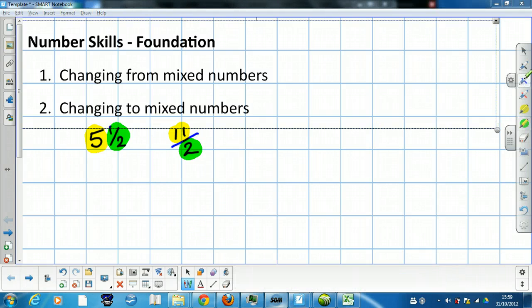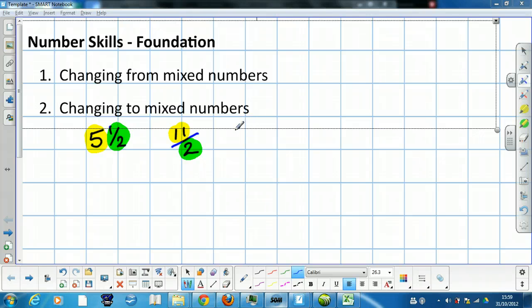And just in contrast, a number, probably the first you ever came across, such as 7 or 2, so it's just a proper number, if you will, is called a whole number or integer. Anyway, just get rid of those. And now let's look how we change to and from mixed numbers.